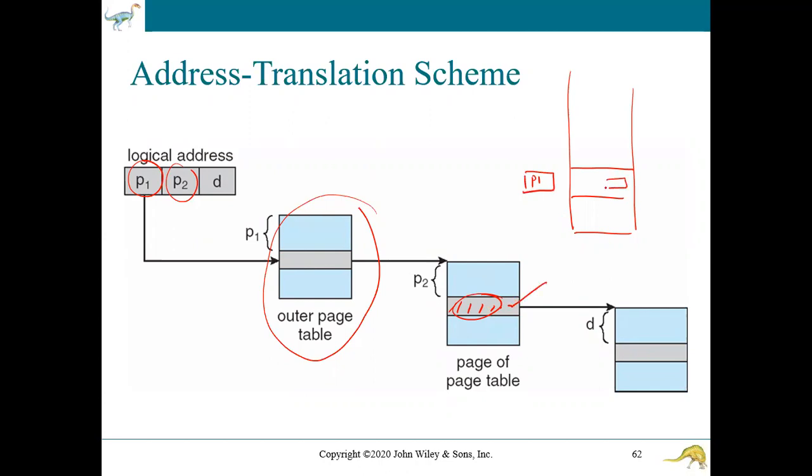So this entry here is this one, and then the content of that is this one. This is the offset within the page. And then you replace it and you get the frame number. And that is the physical address location.